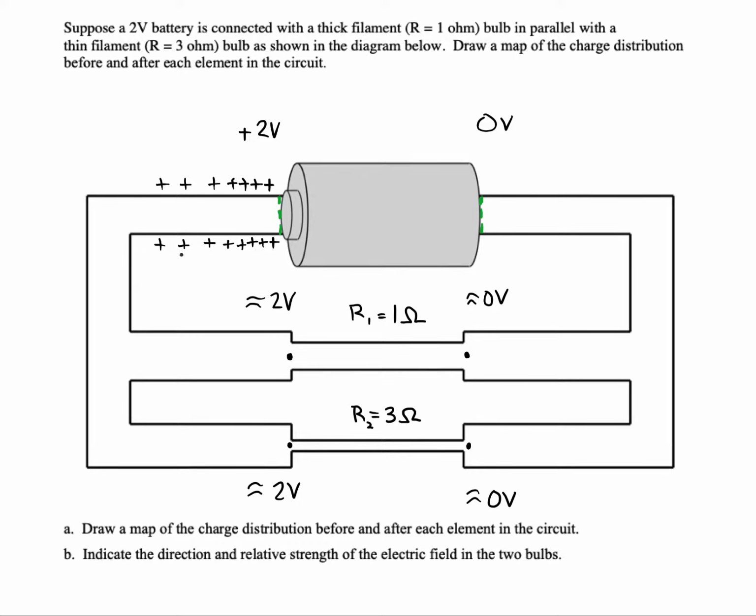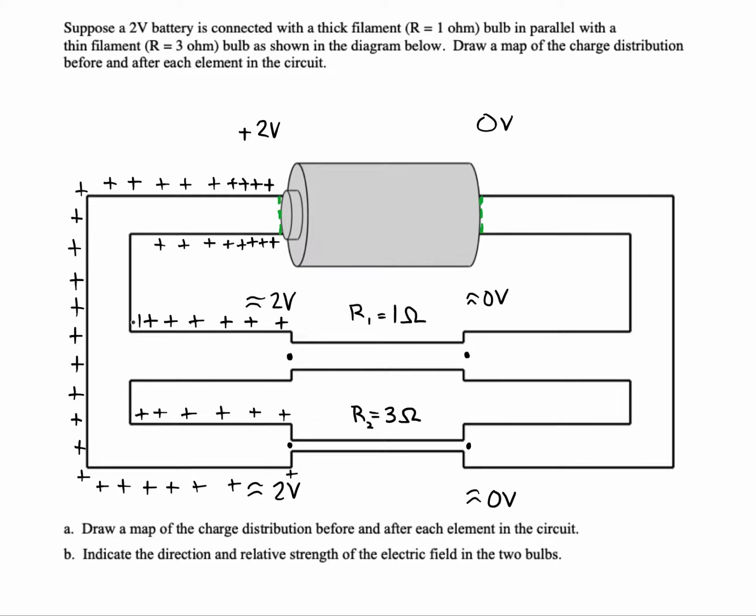All right, so let me just draw more surface charge here. We want a lot of it because this is our highest potential. But I do want the pluses to be a little bit more spread out, because somehow we have to create that field.